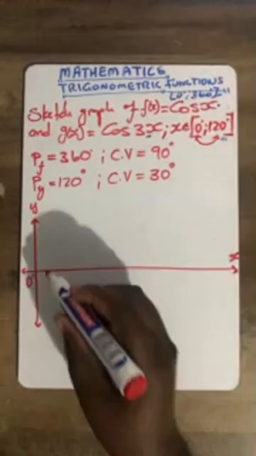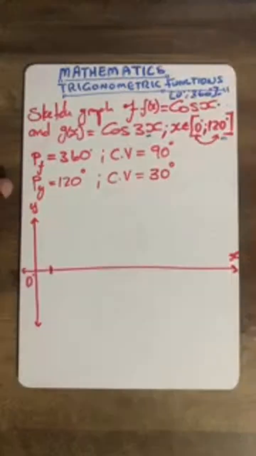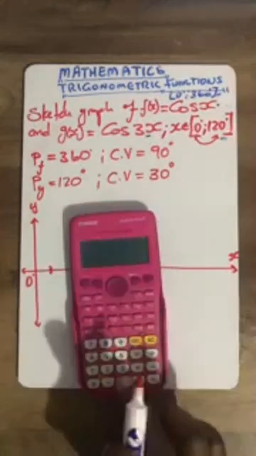So now let's see. I'm going to have a 30 there because I need to space everything by 30.